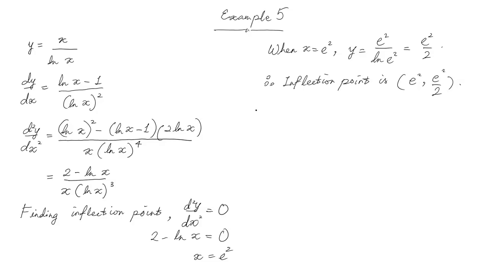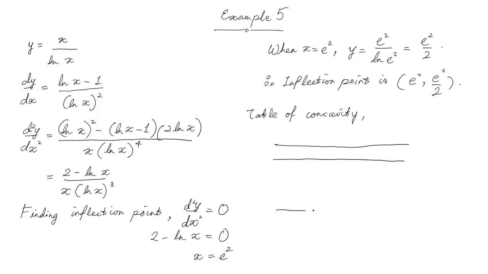Now to show the interval of concave upwards and downwards, or vice versa, we're going to draw our table of concavity. It's almost the same as our table of shape of tangent, as has been said in the summarization part. Okay, again you have your x.